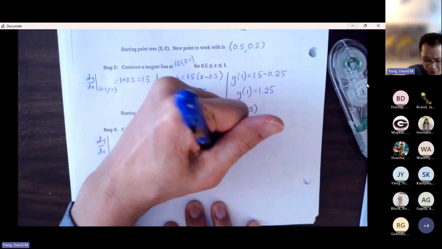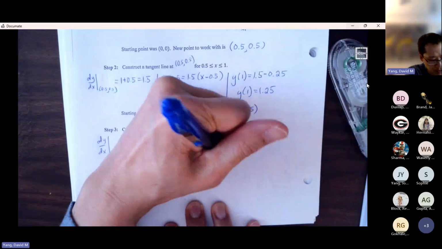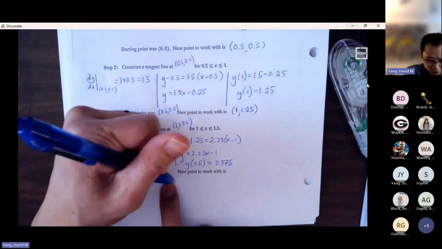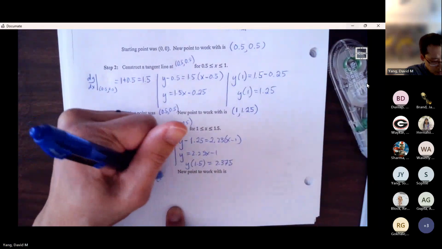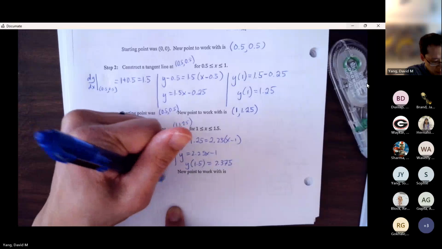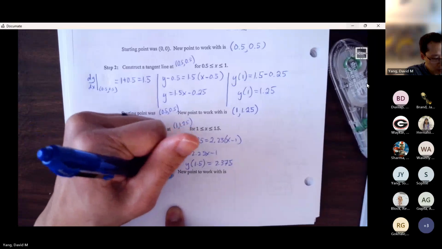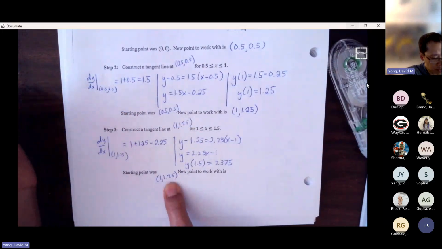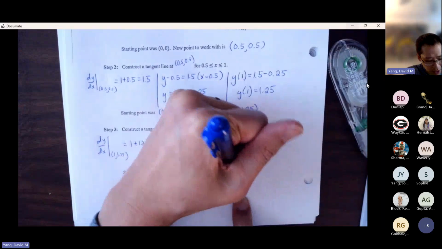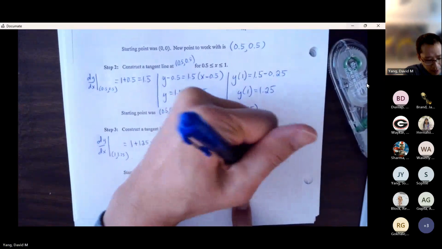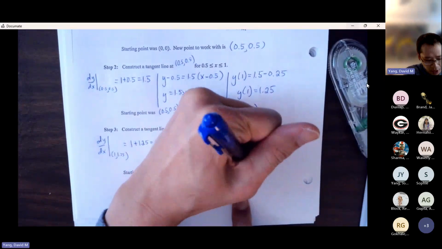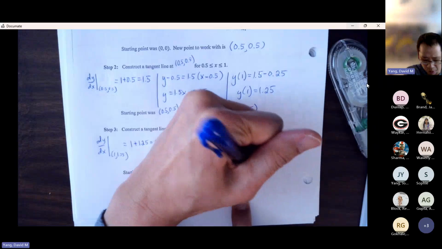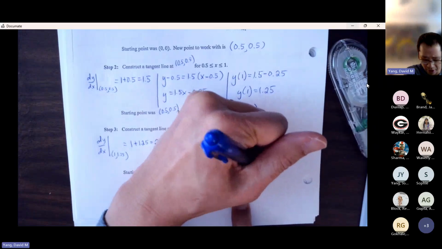We'll get 2.375. So using our previous ordered pair, we're now able to reach our estimated value where our curve would be at 1.5.